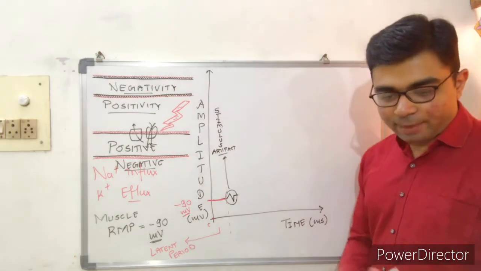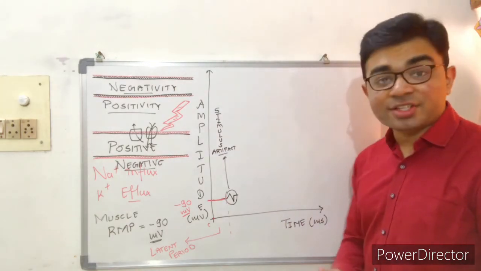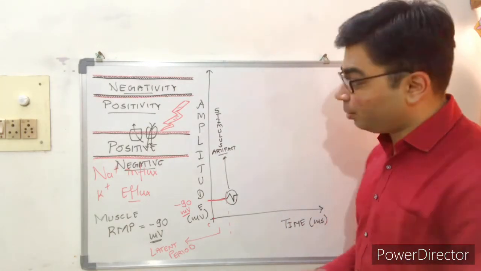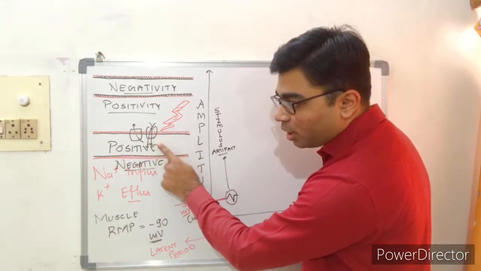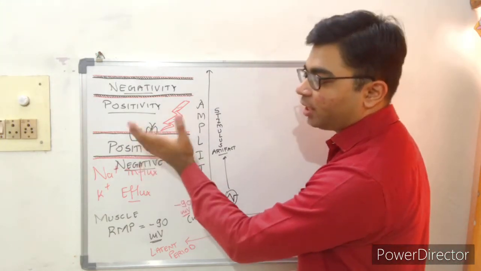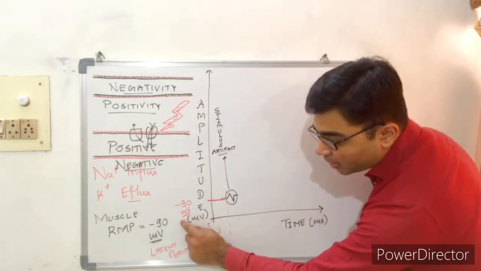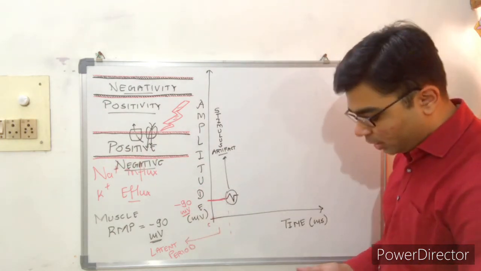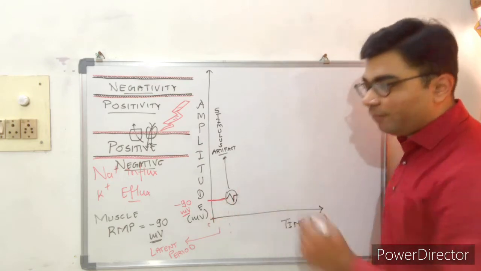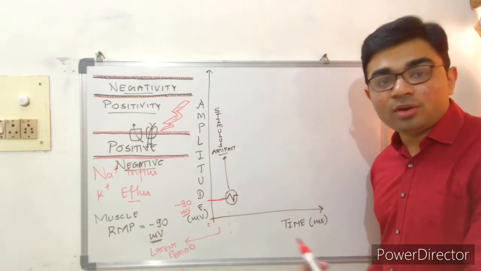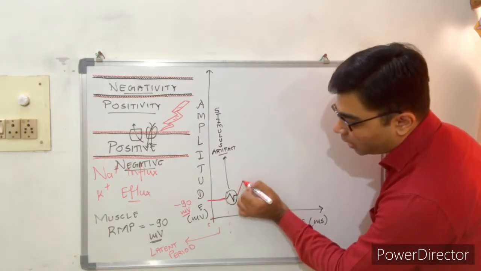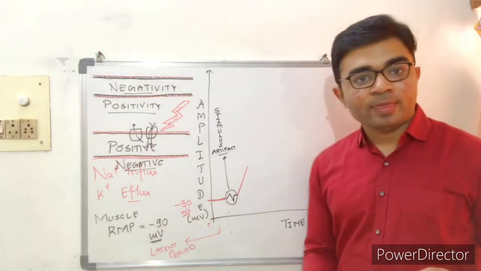Now what happens is depolarization starts. Depolarization means opening of the sodium gated channels, opening of the potassium gated channels, and there is more positivity inside. So from minus 90 millivolts, if I need to show positivity inside the cell membrane, how do I draw my graph? Initially it will rise up, right?